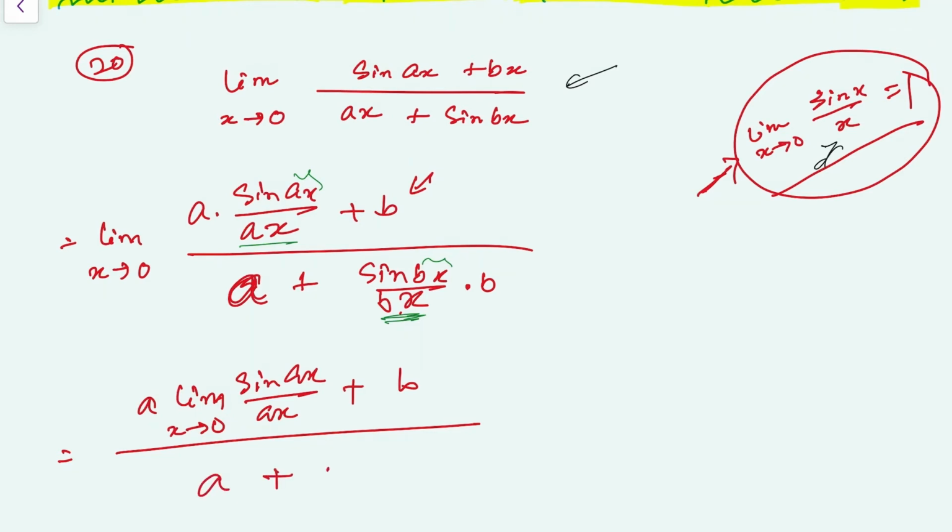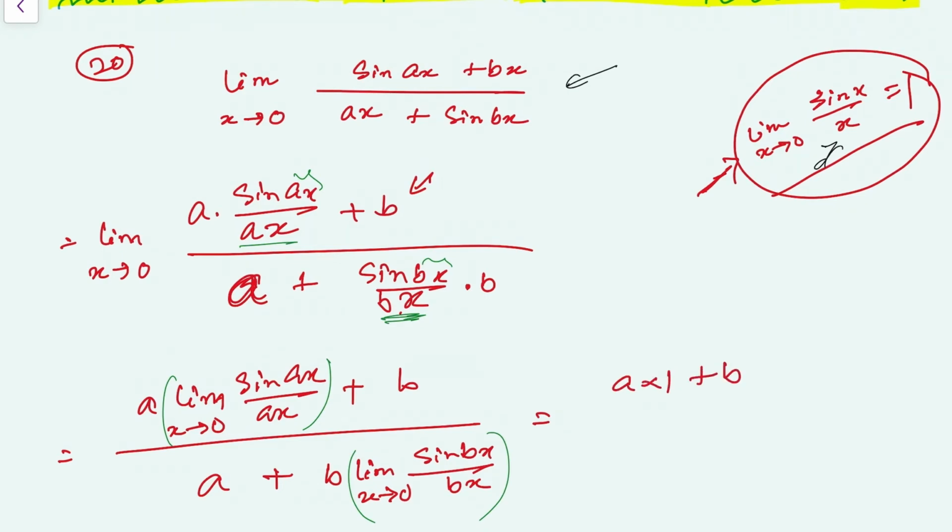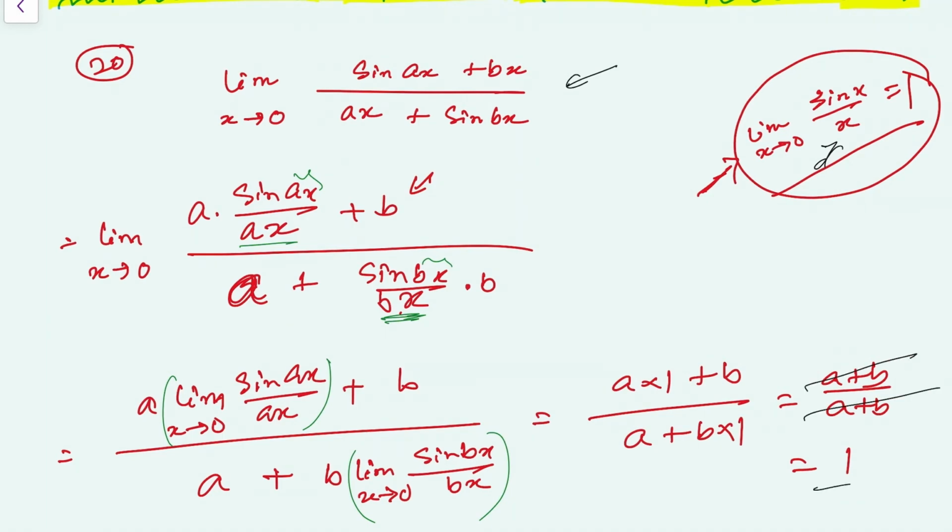So here we can write b into limit x tends to 0 of sin bx by bx. The value of these two is equal to 1. So we can write a into 1 plus b, and here we have a plus b into 1. That is equal to a plus b by a plus b, which gives 1. If you cancel numerator and denominator, you get 1. So that is our answer.